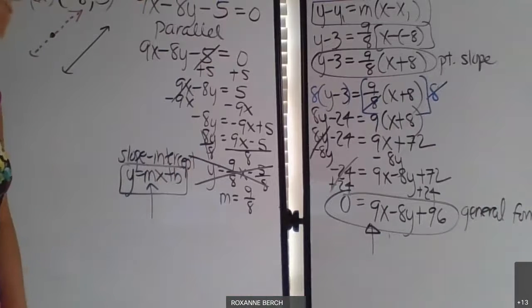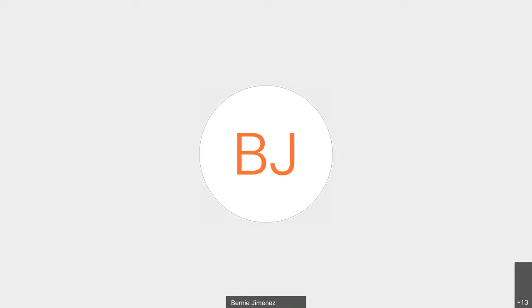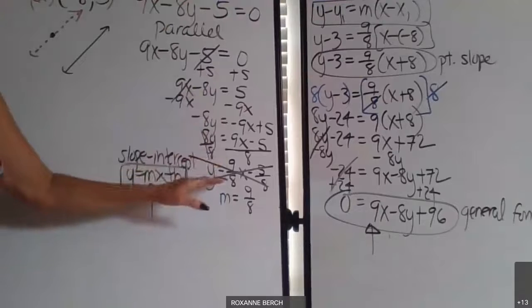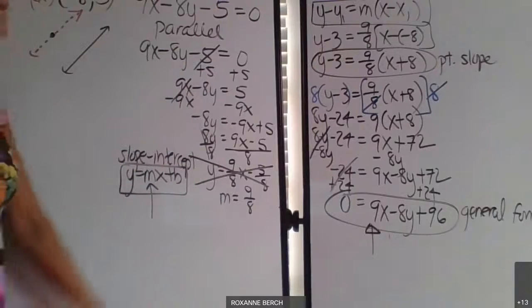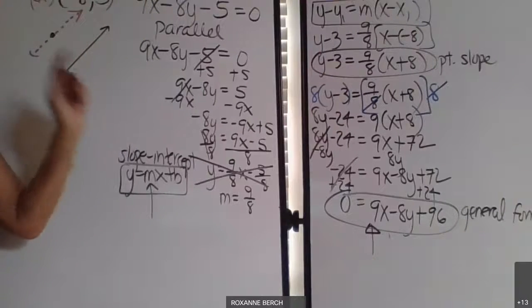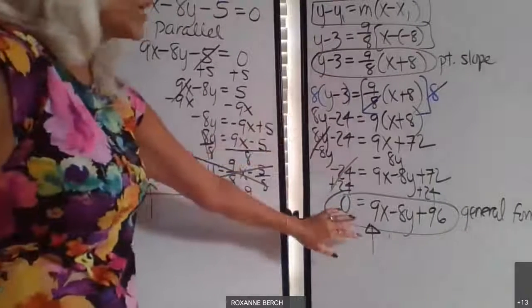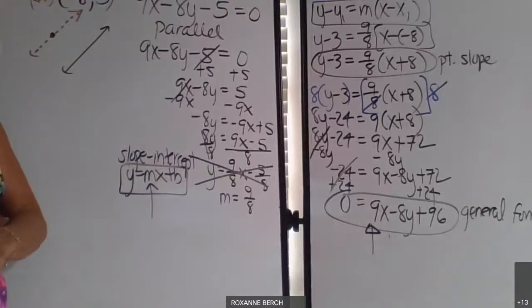So this is the worst problem because they gave us the black equation in general form, and we had to solve for y just to find the slope. So then we use the slope with our point on the pink line to write an equation in general form. Does that help or no?